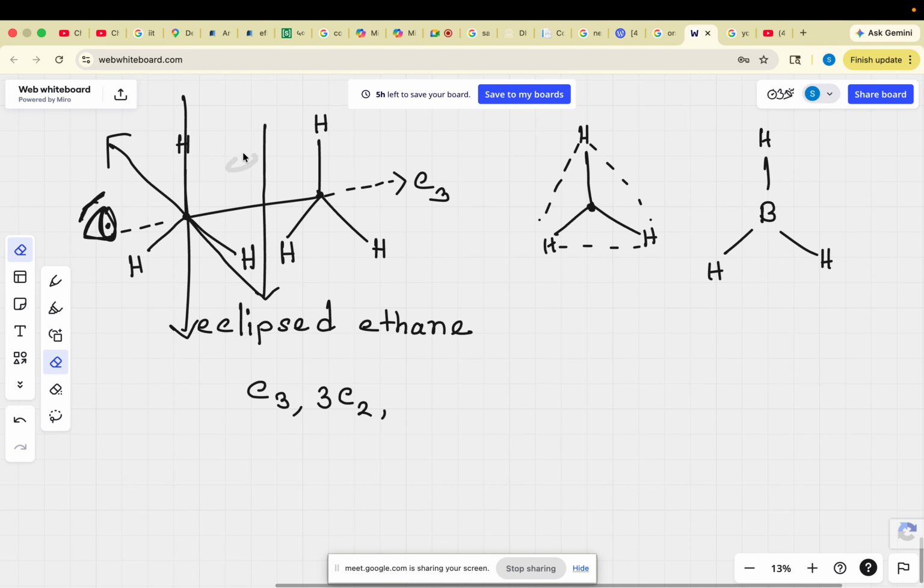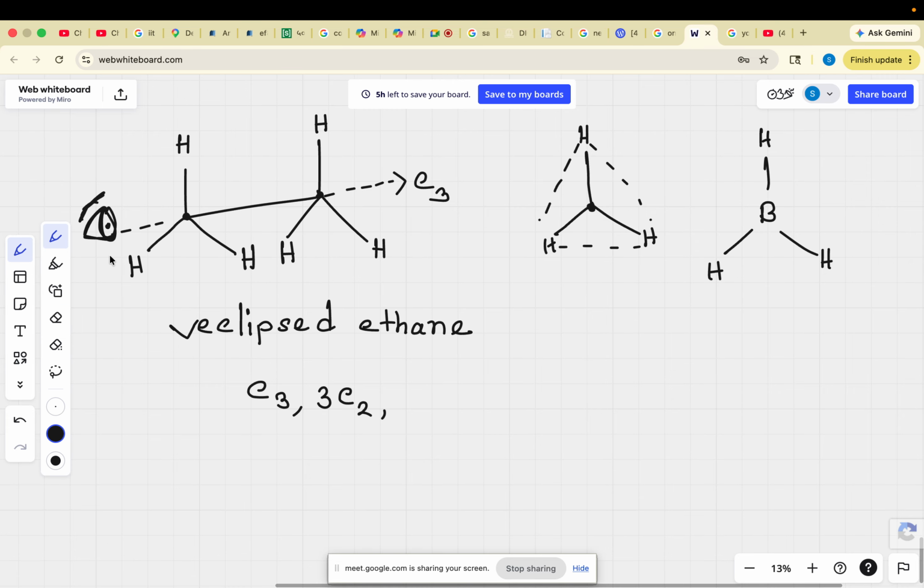Now next you have sigma V. So now tell me, is sigma V present or not? This is also easy. Sigma V is present. You can pass one plane through this hydrogen. That plane is cutting this front carbon hydrogen atom as well as this back carbon hydrogen atom. So this hydrogen is becoming the mirror image of this hydrogen. So if I pass a plane through this hydrogen atom, I am getting one plane of symmetry.